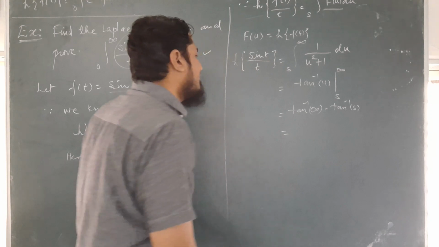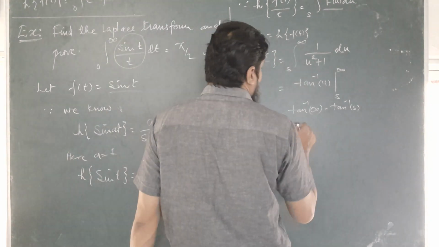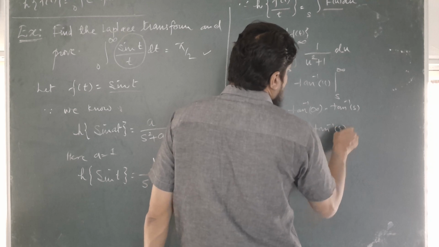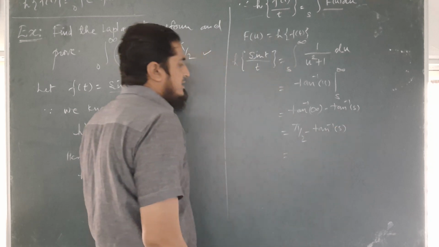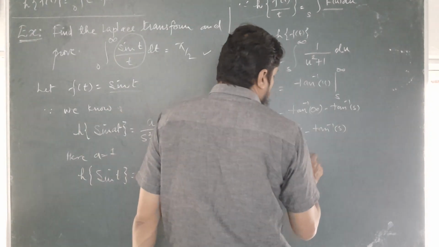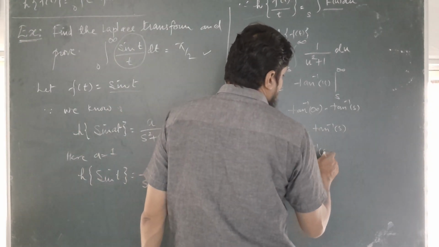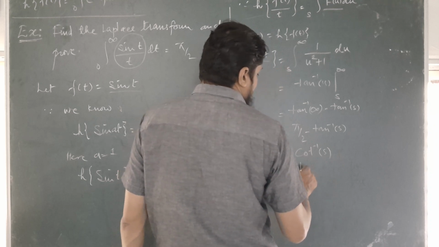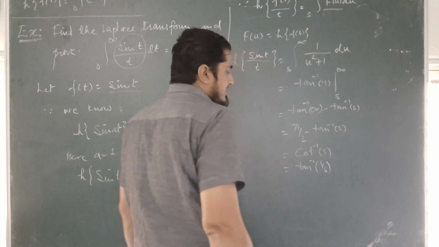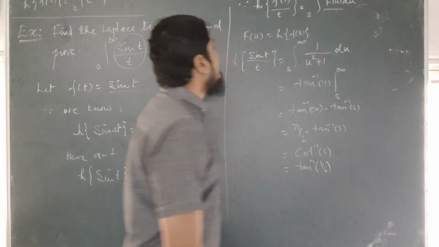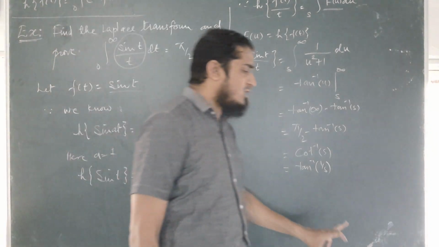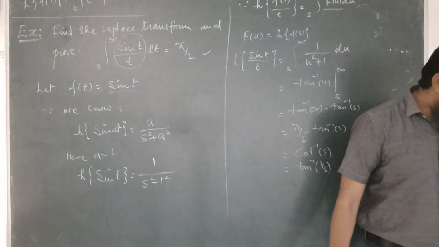Tan inverse of infinity gives pi by 2, so we have pi by 2 minus tan inverse of s, which is cot inverse of s, and it is equal to tan inverse of 1 upon s. So the Laplace transform of sin t upon t is equal to tan inverse of 1 upon s.